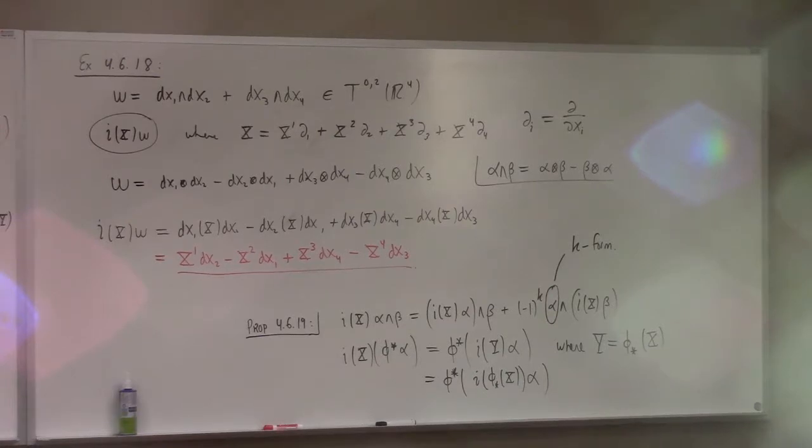Now, why does this make sense? So this phi sub t is the flow, right? For a smooth vector field, this is a diffeomorphism. So we can calculate the pullback of a form along the flow.